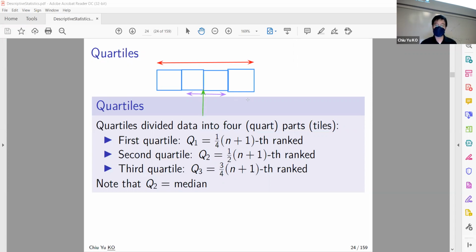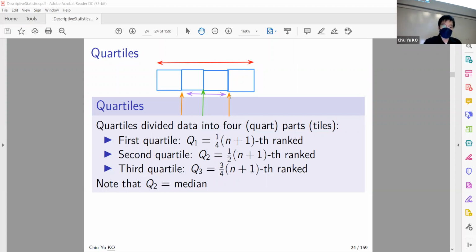This is the median, the middle of the data, and we have Q1. Median is Q2, and then Q3. So the distance, the purple arrow, will be the one that we are measuring, okay?